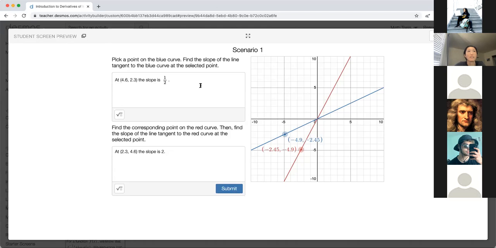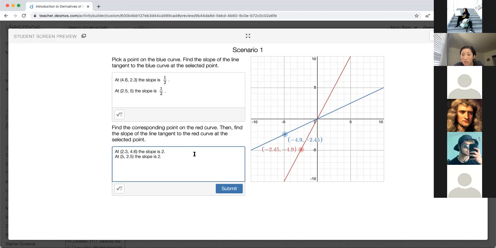Okay, so let's see, at 2.5 comma 5, the slope is 1/2. Okay, and you have the corresponding point at 5 comma 2.5, the slope is 2. All right, thank you, David.